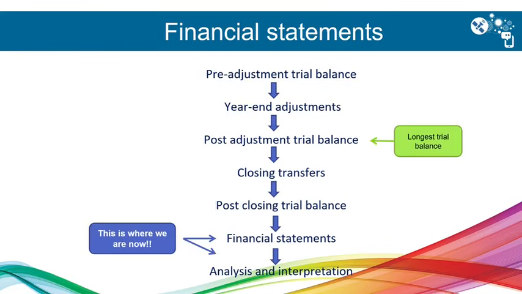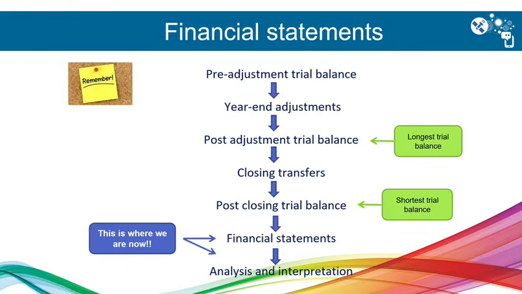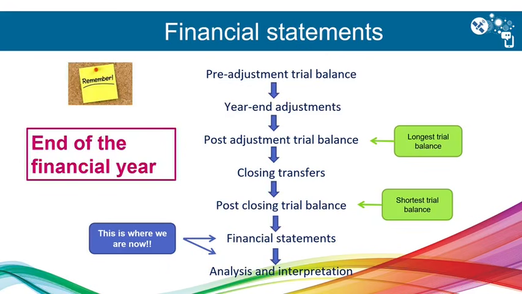A reminder, the post-adjustment trial balance, that's your longest trial balance, and the post-closing trial balance, your shortest one, and the information in that one is the same as the information in the statement of financial position. And just remember, we are at the end of the financial year.